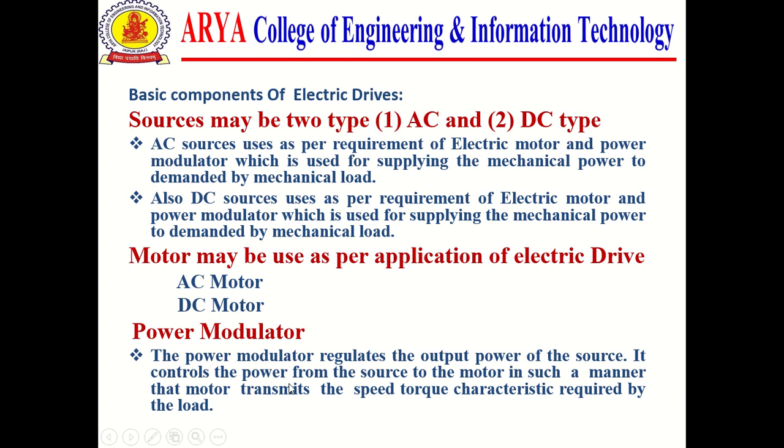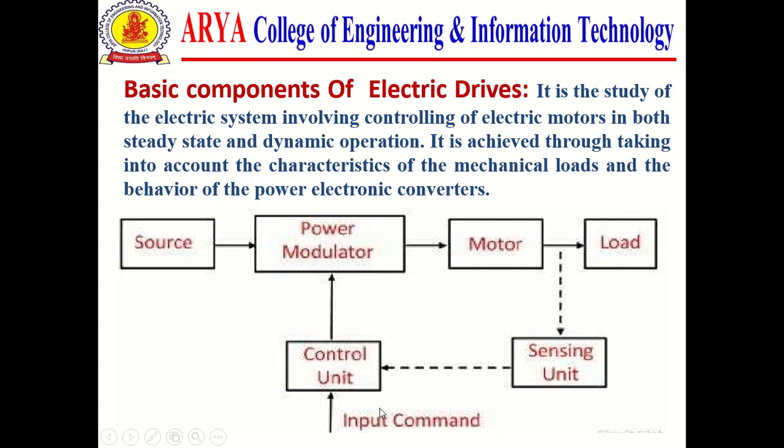It controls the power from the source to the motor in such a manner that the motor delivers the speed torque characteristics required by the load. So this is the most important function, which gives the motor the speed torque characteristics demanded by the load.